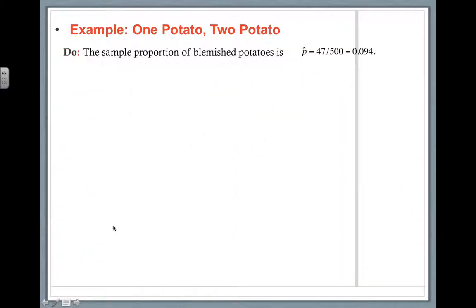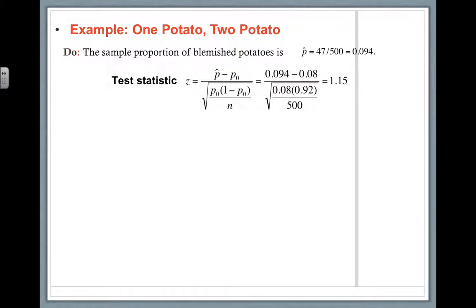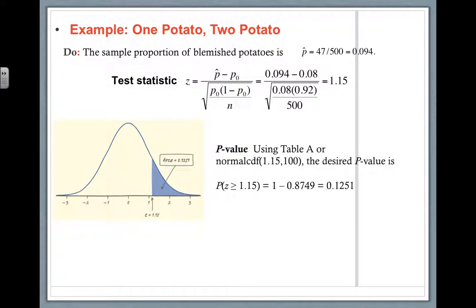Now that we know that, we're going to start to work on the mechanics, so the numbers. Our proportion here would be 47 out of 500, or 0.094. We now have to find my test statistic. I do my sample proportion minus my population proportion over my standard deviation. That gives me a value of 1.15.